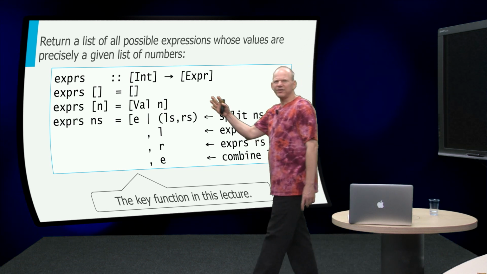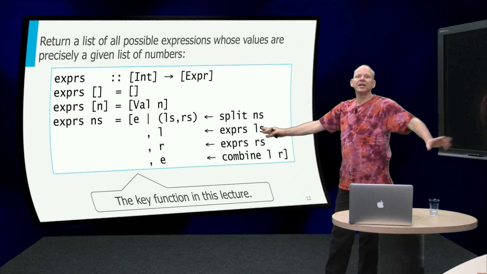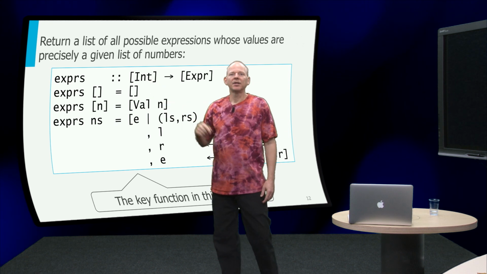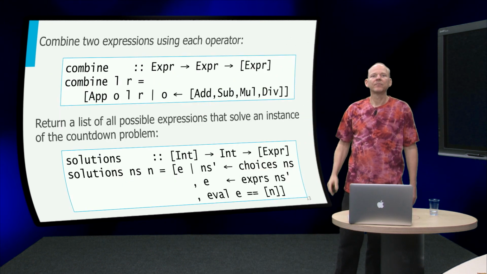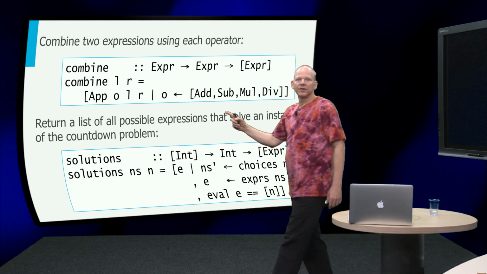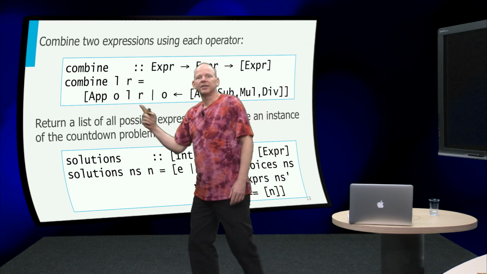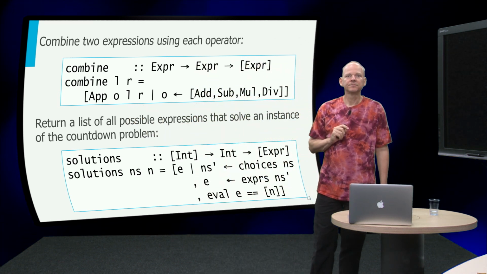So this is a brute force way of enumerating all possible expressions that are built out of these numbers. The combine function here just tries to combine these two expressions using any of the operators.